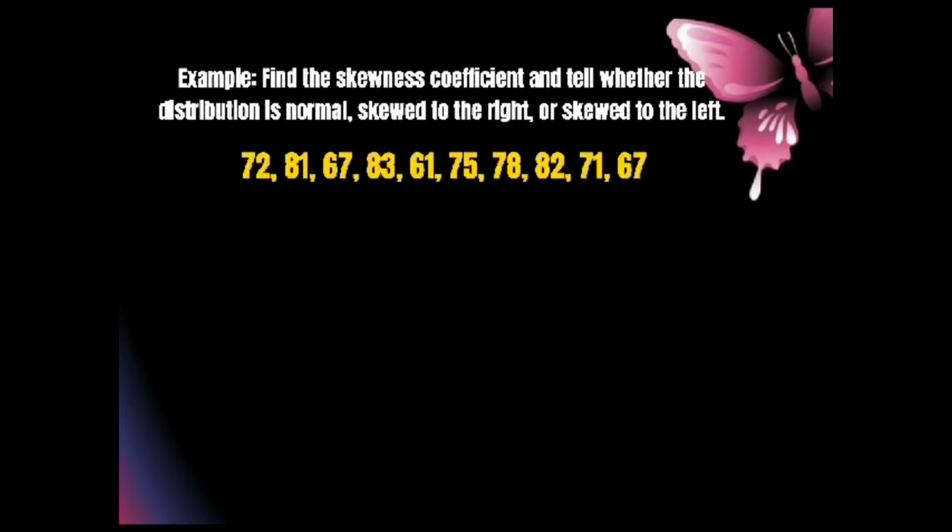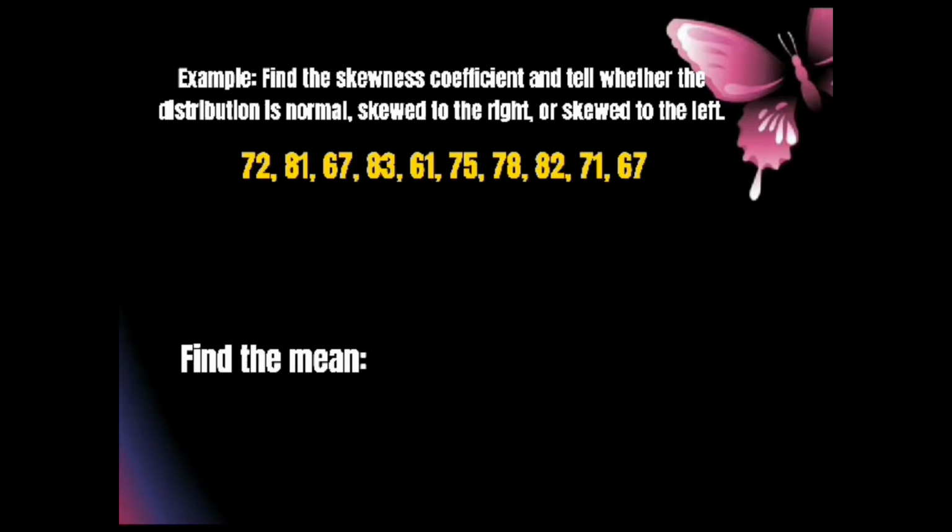Here are the scores: 72, 81, 67, 83, 61, 75, 78, 82, 71, and 67. First, we have to find the mean. To find the mean, just add all the numbers and divide by the total number of scores.